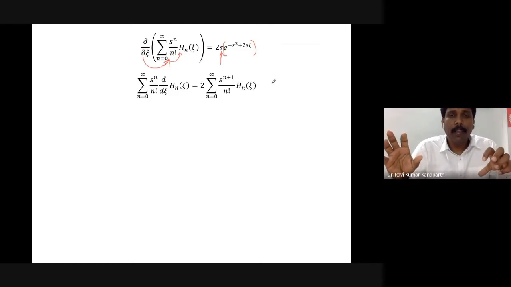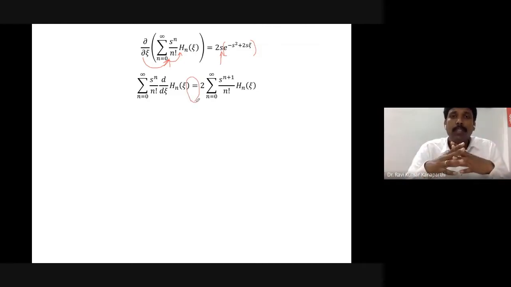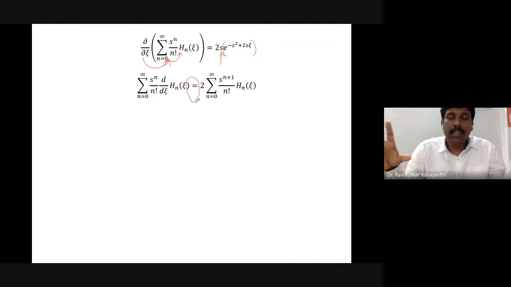You just vary the values of n, and accordingly you will get different terms on both sides. But you can see that there is an equality, and based on this I can conclude that an infinite power series on the left hand side is equal to an infinite power series on the right hand side.